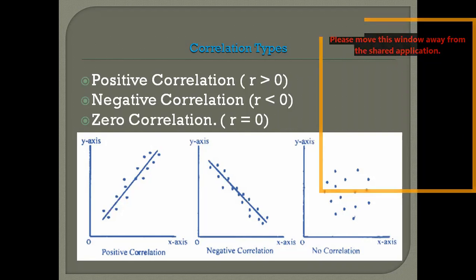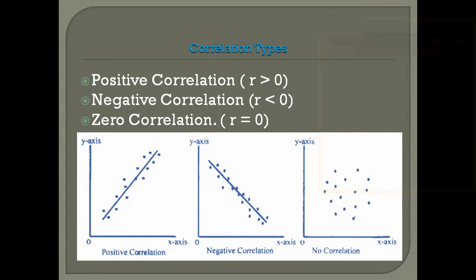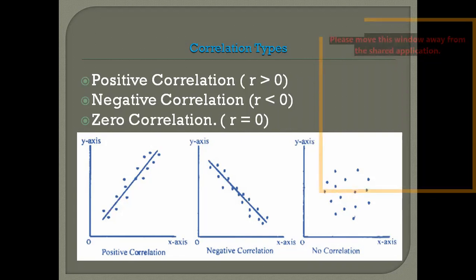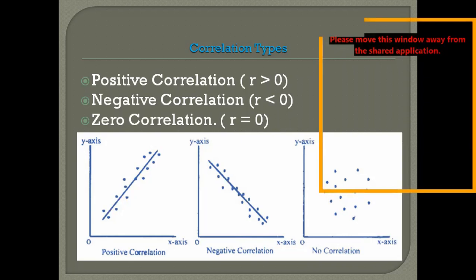So an increase in the number of hours you study will decrease the probability that you will fail. So we have a negative correlation between the increase in the number of hours and the probability of failing, right? So that's a kind of negative correlation. So if the value of R is less than 0, we say the relationship is negative.